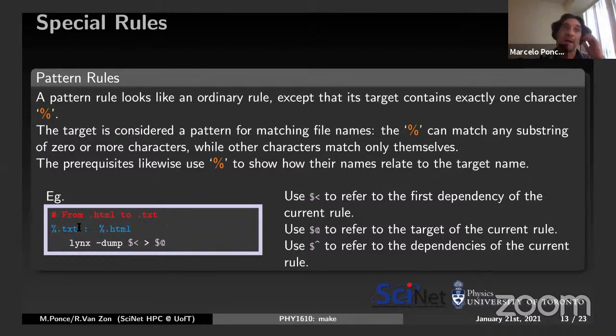So the file, whatever it is, .txt will depend on the file, whatever it is, .html. Basically, the notation for how we write the rule is the same, but the target is different. Again, this is a different example just to show you a little bit of what make can do.